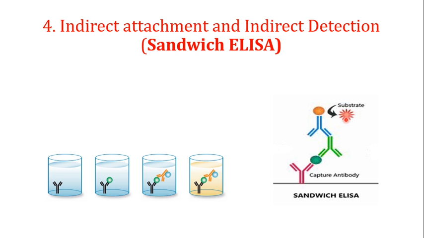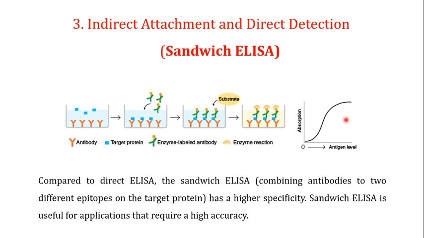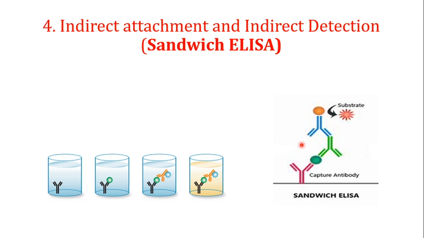So the difference between this sandwich ELISA and the one we discussed in the previous slide is that you are using two antibodies in the indirect attachment and direct detection sandwich ELISA, and you are using 3 antibodies when you talk about the indirect attachment and indirect detection sandwich ELISA. So this is the concept and the types of ELISA with respect to the direct or indirect attachment or detection.